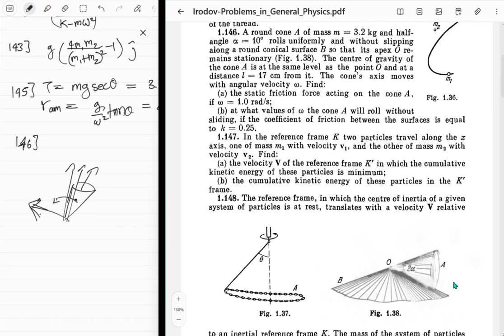There's a centrifugal force on each of these particles on this cone. Each of these particles is rotating with a different angular velocity. That is really bad. So that force will also be there, pointed radially, and it's going to be very, very hard to do.